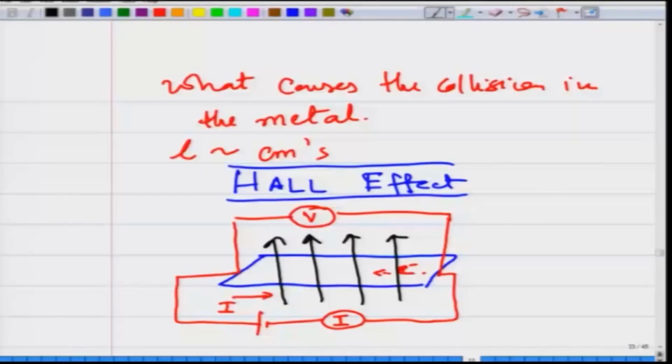Now, what you will observe is that apart from this longitudinal voltage, which is in the direction of the flow of current, you will get an additional voltage which acts perpendicular to the flow of current.